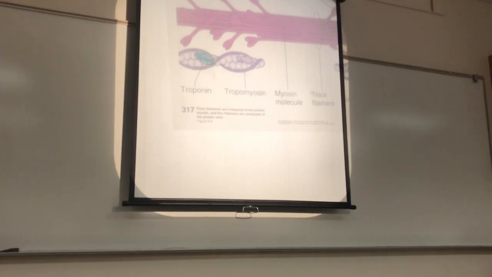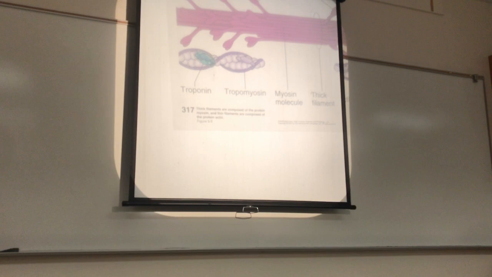Your muscles are not constantly in a state of contraction. Your muscles are relaxed, and then when you require them to contract, because these are skeletal muscles under voluntary control, they are stimulated to contract. So there has to be something regulating when the cell will contract and when it won't.